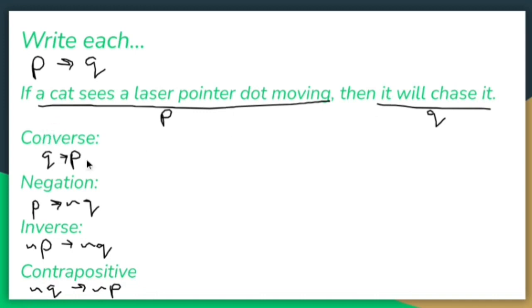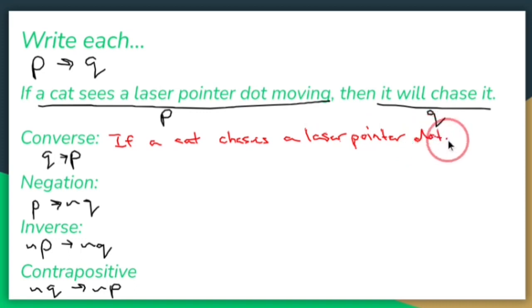Converse. If a cat will chase it, then a laser pointer dot is moving. I hate the way that that's worded, but that's it. Let's actually be a little bit more specific. If a cat chases a laser pointer dot, then it is moving.